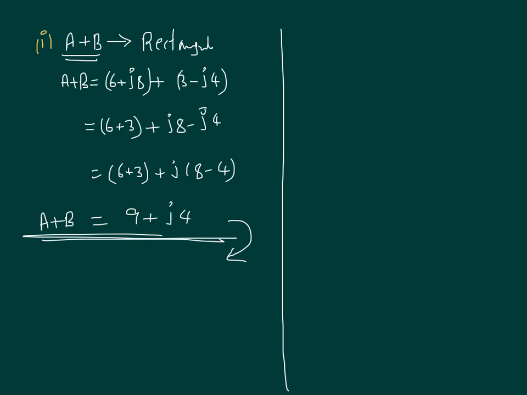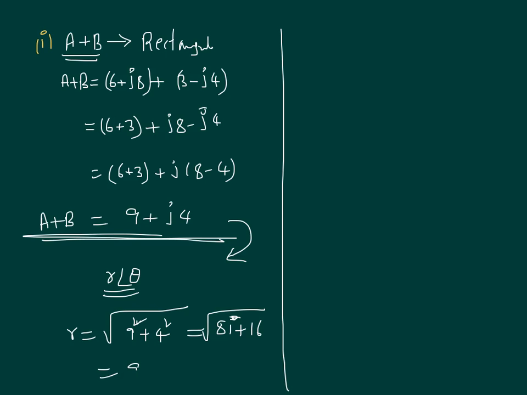For polar form, it should be in the form of r at an angle theta, where r equals the square root of x component square plus y component square, that means 9 square plus 4 square, that equals 81 plus 16. That is how much?